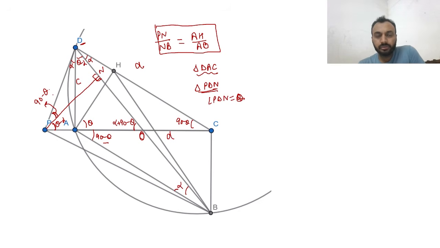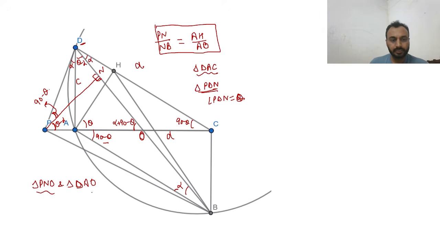Now if you see these angles, you can see a lot of similar triangles. One triangle that I can see similar is triangle PNO and triangle DAO. If you consider these two triangles, they have the same angles: theta minus alpha, 90, 90.